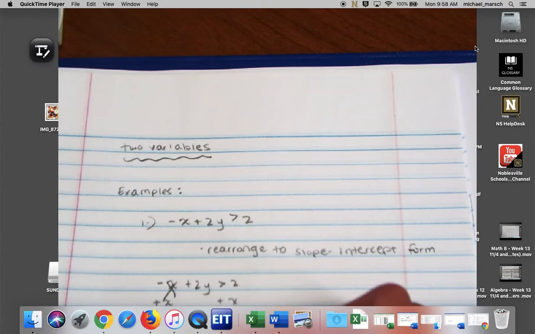Divide everything by 2, so I get y is greater than 1/2 x plus 1. All right, so now I have slope-intercept form. I know my slope is 1/2. I know my y-intercept is (0, 1). Awesome. So now I'm going to graph this. Let's go ahead and glue in another graph.